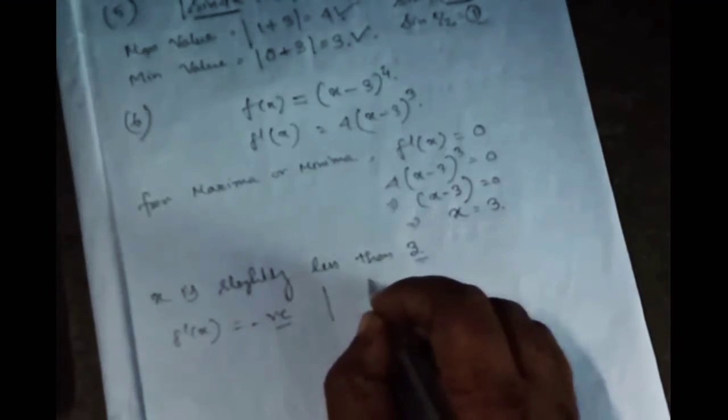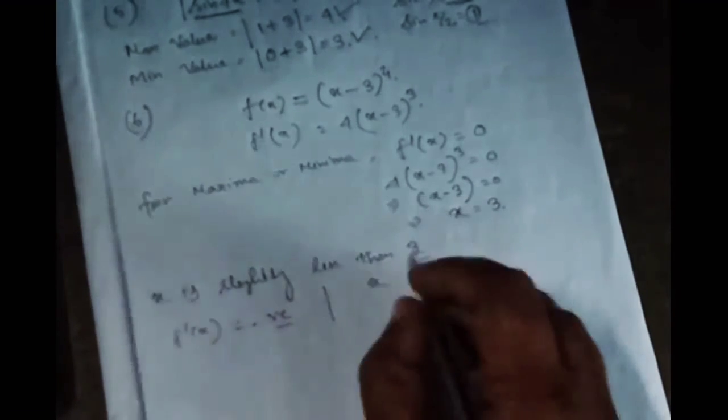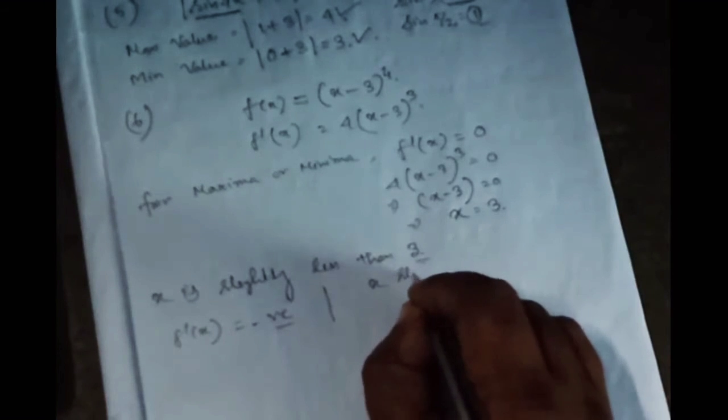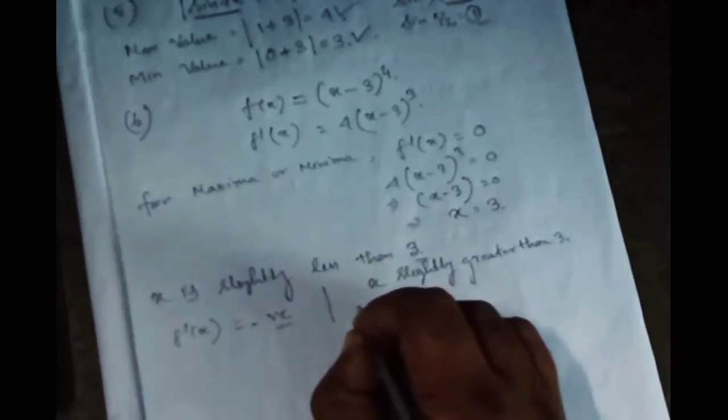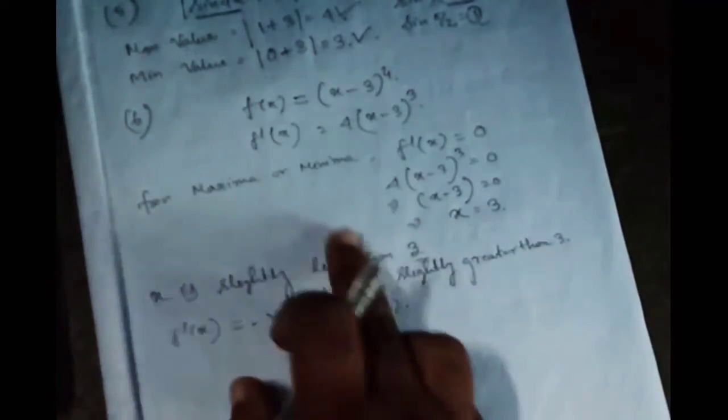Okay, and if we take x slightly greater than 3, then f dash x must be positive. So the f dash x changes the sign from negative to positive.